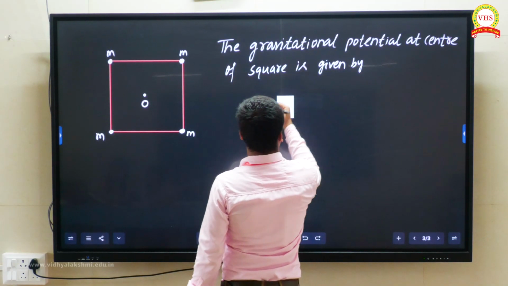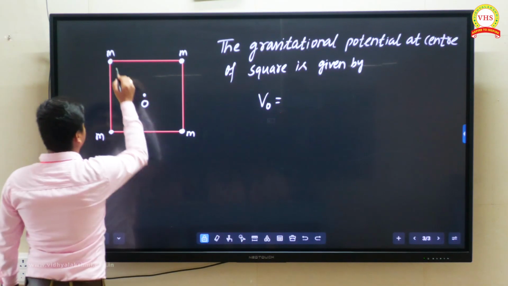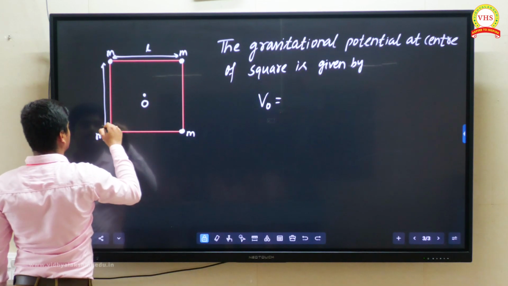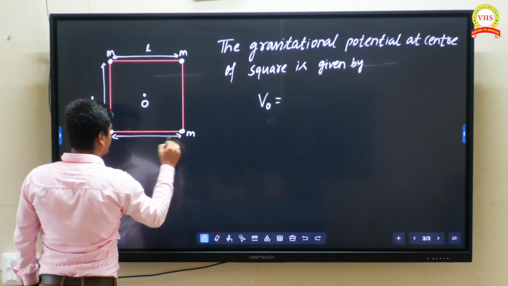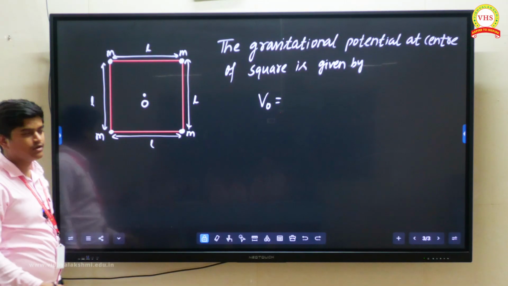So how to find V naught? Now listen. This length, how much is given? Square means side L is given, right? Each side is L. Now listen.